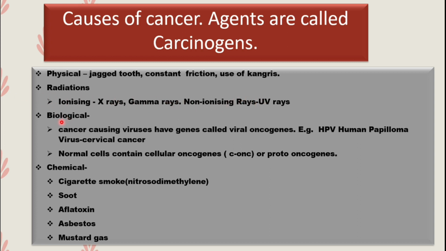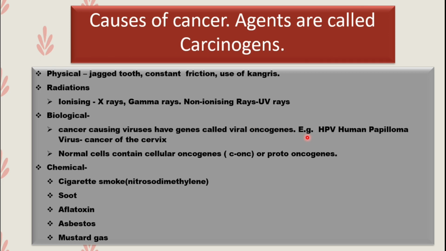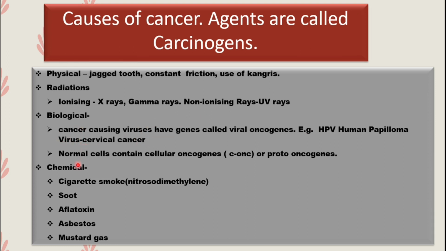The third cause is the biological cause. There are certain viruses called cancer causing viruses, and these have certain genes called viral oncogenes, which can cause cancer in human beings. Example, HPV or human papilloma virus, which causes cancer of the cervix. The next biological factor is that all normal cells contain cellular oncogenes or proto-oncogenes.